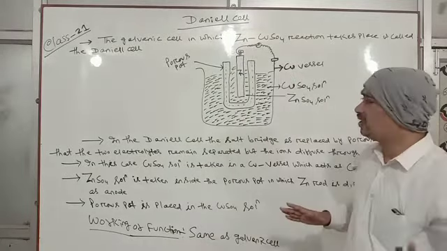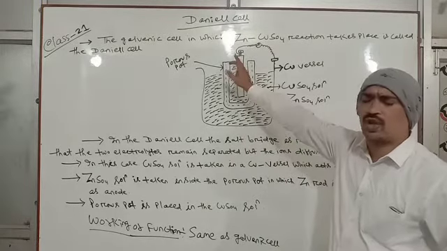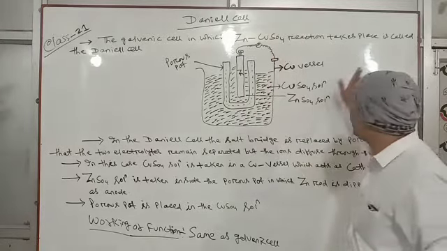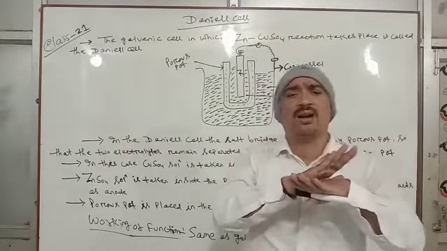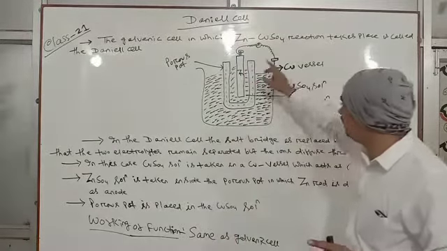A salt bridge is not needed in the Daniell cell. You will not write anything about the salt bridge part, only the definition, figure, and the construction part, and function or working, whatever we have discussed in the galvanic cell.